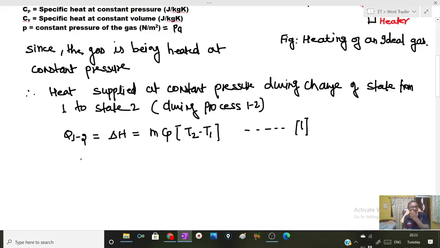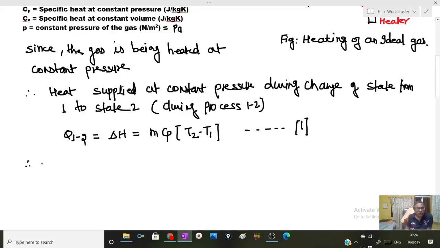So I can say heat supplied at constant pressure has two components. One is utilized to do useful work, and the remaining is utilized to increase the internal energy.